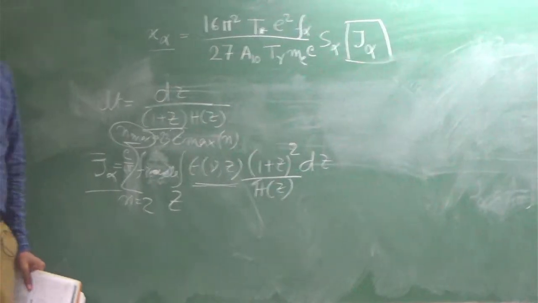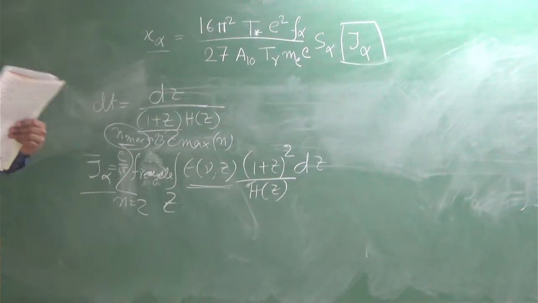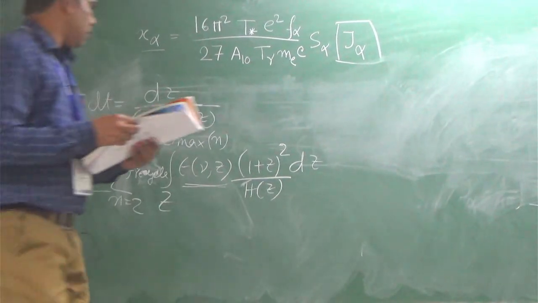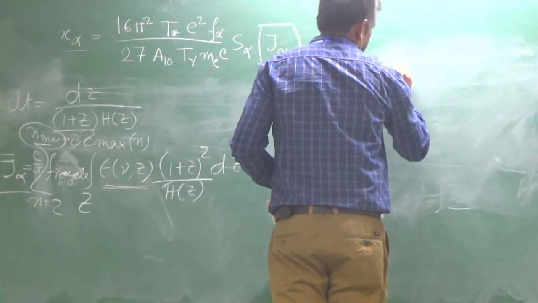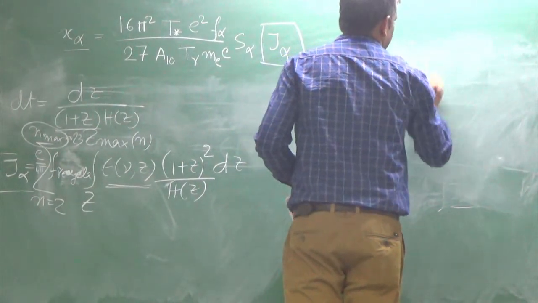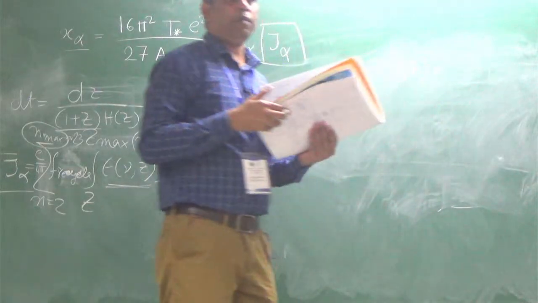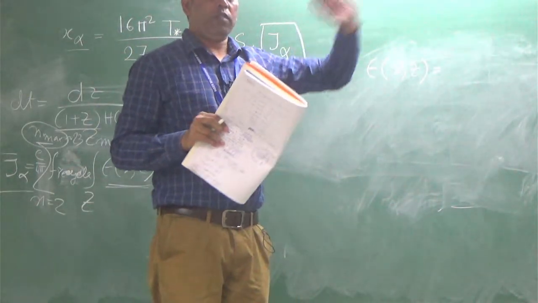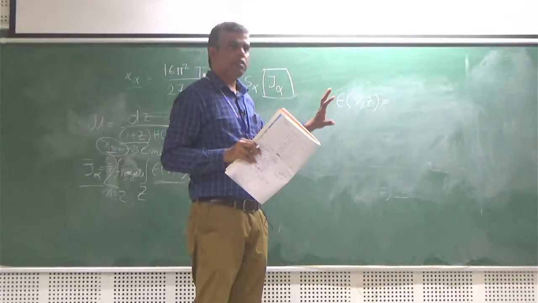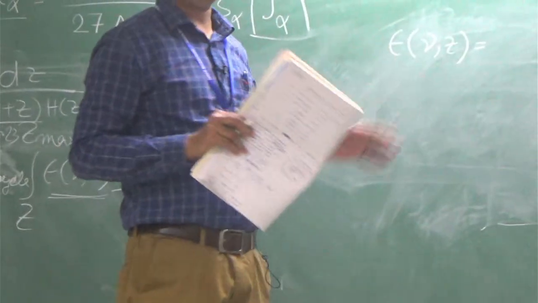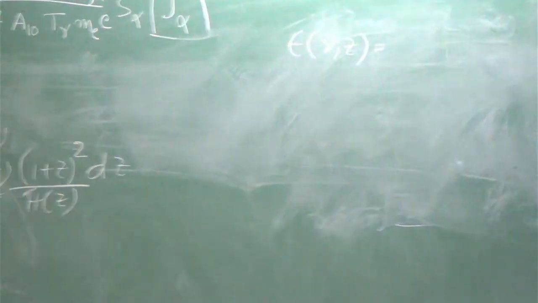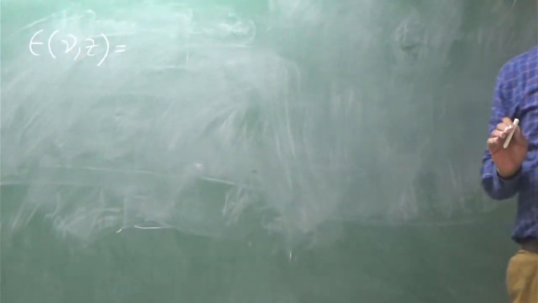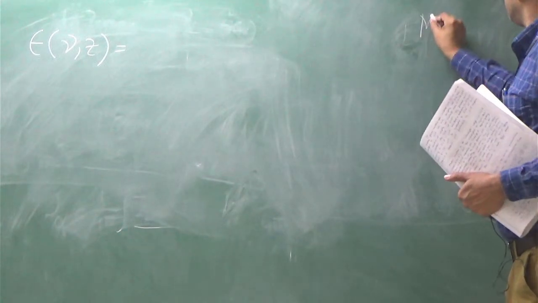Now we need to calculate the source emissivity, epsilon of nu and z. There are many ways, but the one that I follow is that you can calculate it from the mass function.